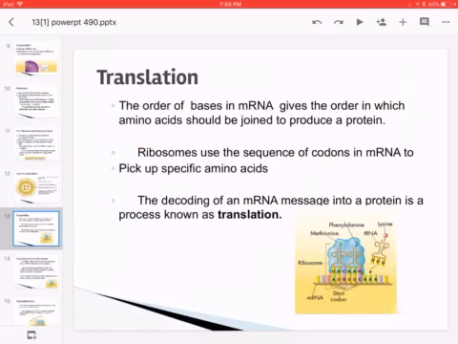Okay, translation. The order of bases in messenger RNA, those order of bases that we got from DNA, gives the order in which amino acids should be joined to produce a protein. Ribosomes use a sequence of codons in messenger RNA to pick up specific amino acids, which we just did using our messenger RNA codon chart. And then the decoding of messenger RNA message into a protein, that whole process is known as translation.